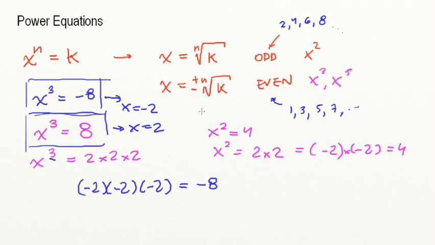Let's see more examples. So what about this one? X to the power 3 is 1. Looks simple, right? And x to the power 3 is 1 times 1 times 1. X is 1.